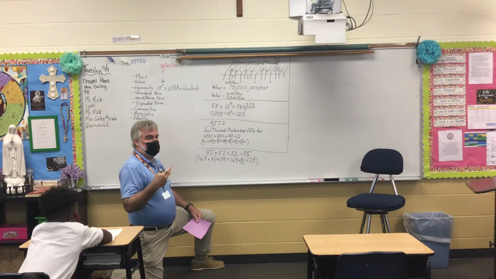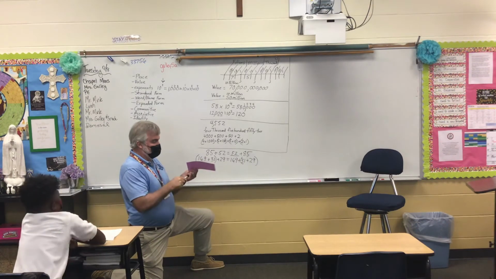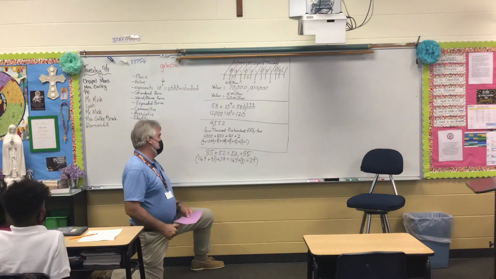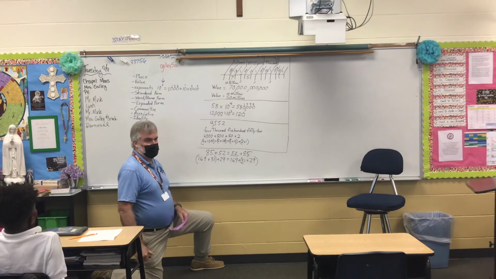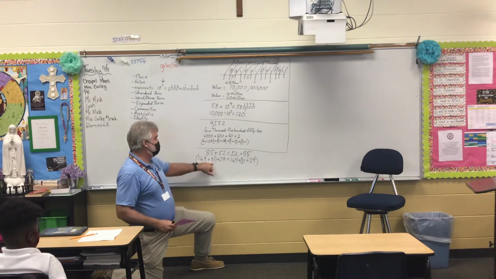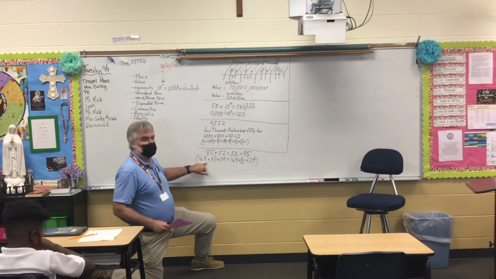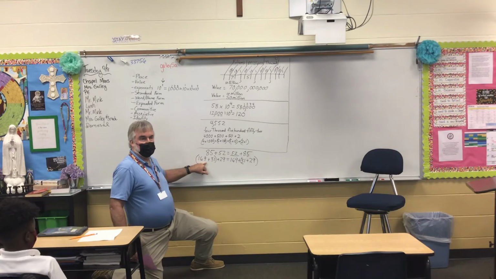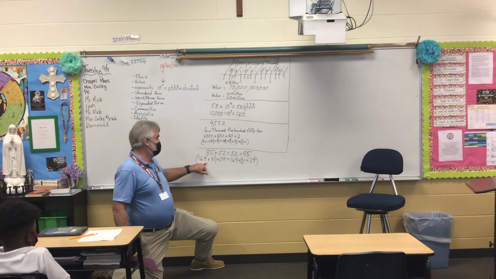So you add the first 2 and then you add the last one. One of the questions on the test may be, which one would you add first to make it mental math? If you added these 2, what would you get? Jackson? 200.